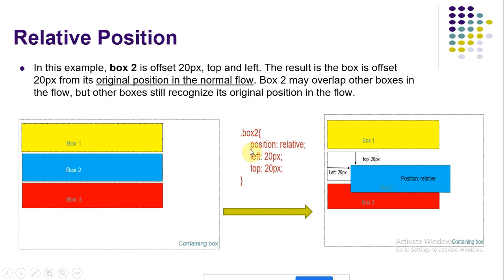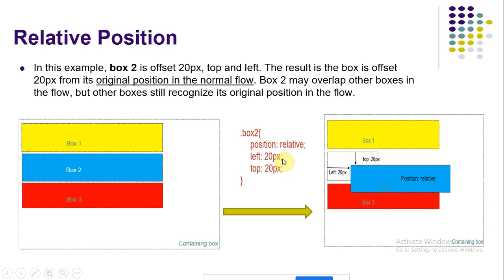And for box 2, if I apply position equal to relative, and if I apply the offset properties left 20 pixel, top 20 pixel, what happens is, from its normal position, the dotted line, its original position, the element moves 20 pixel right and 20 pixel down.